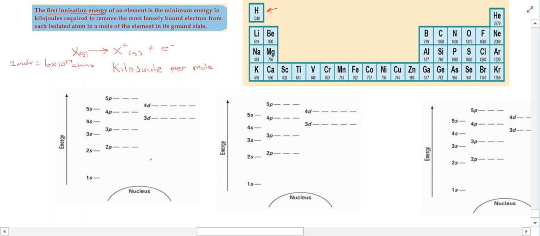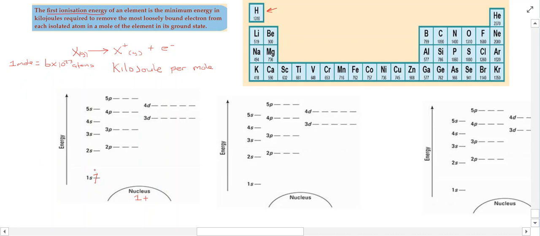So if we think about hydrogen, for example, hydrogen is the first element on the periodic table, so it has one positive charge, or 1 proton, and it has 1 electron. So this is the electronic configuration of the element.